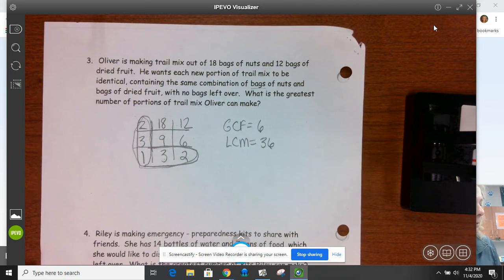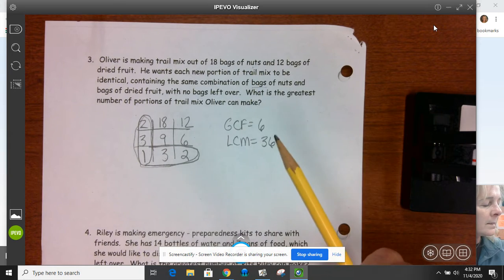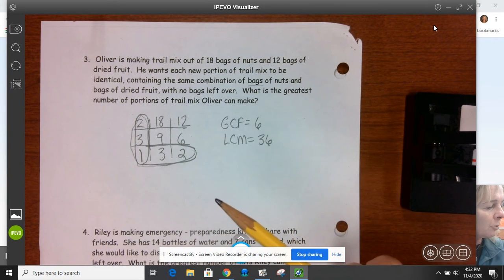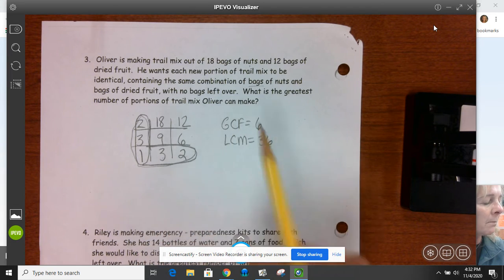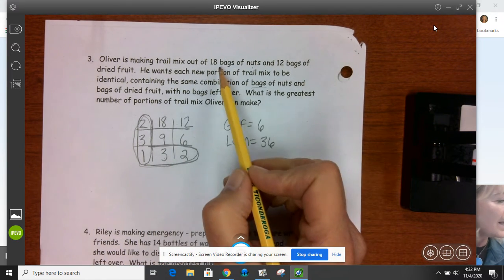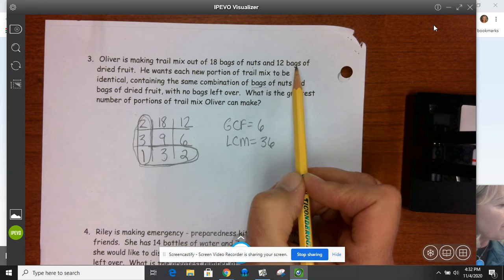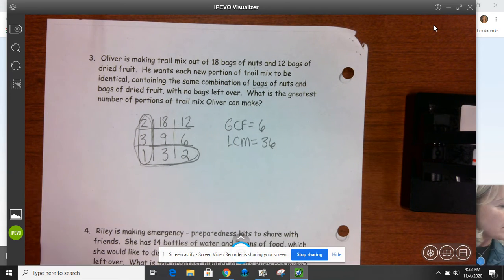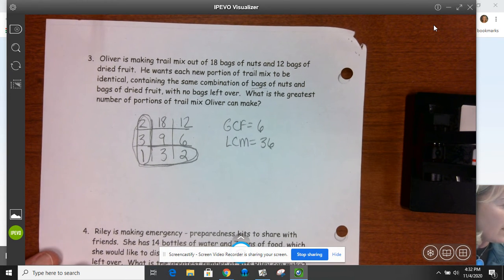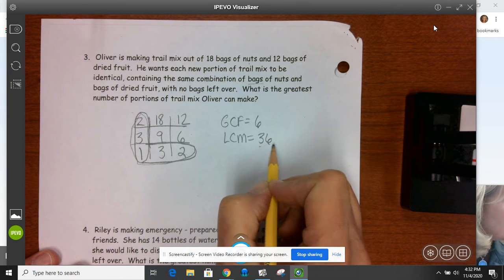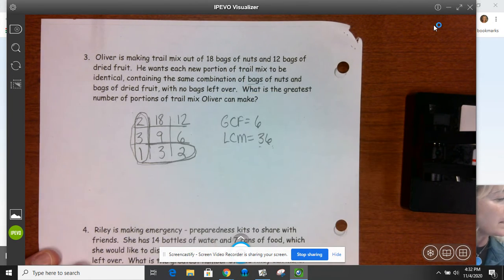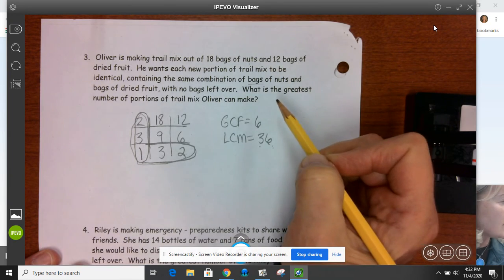Now look at our answer. You have 18 bags of nuts, 12 bags of dried fruit. What is the greatest number of portions of trail mix Oliver can make? So he's going to take these bags of nuts and fruits and he's going to split them out to make bags out of them, portions out of them. 36, does that make sense? How can he make 36 when he only has 18 bags of nuts and 12 bags?